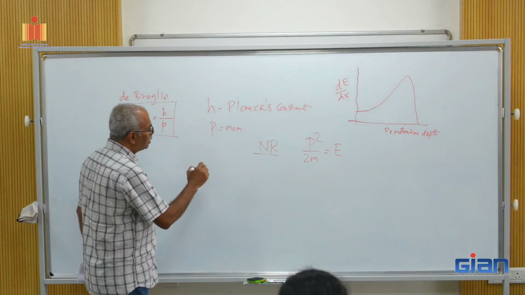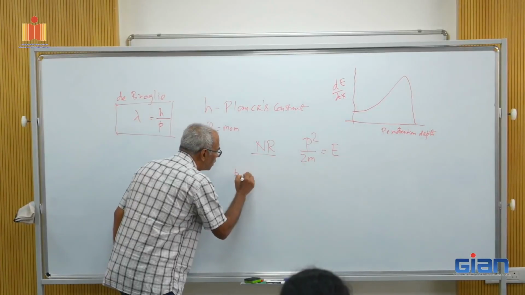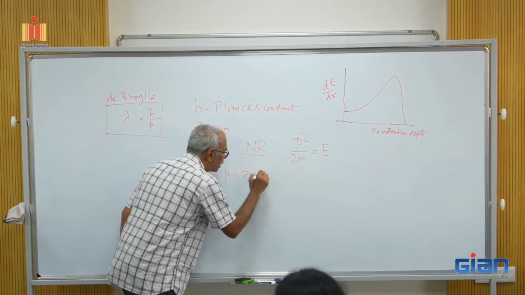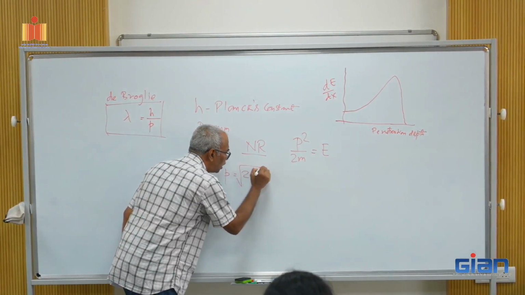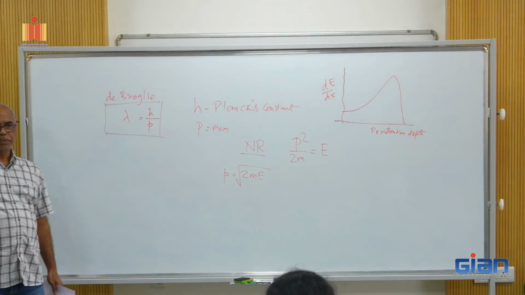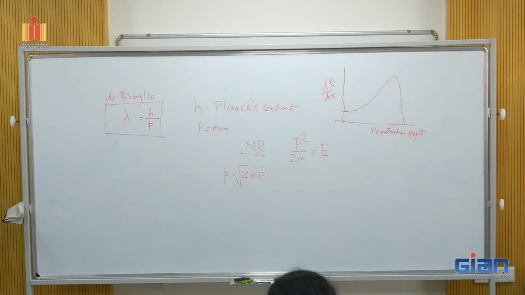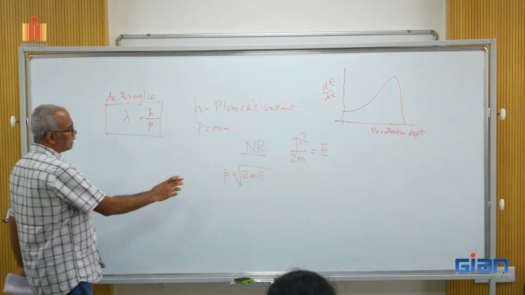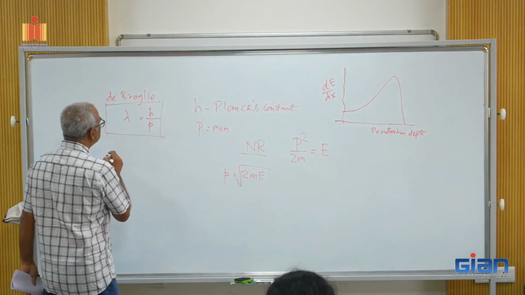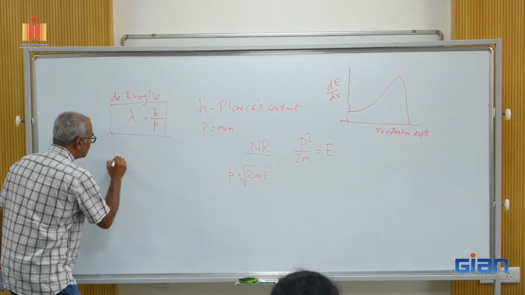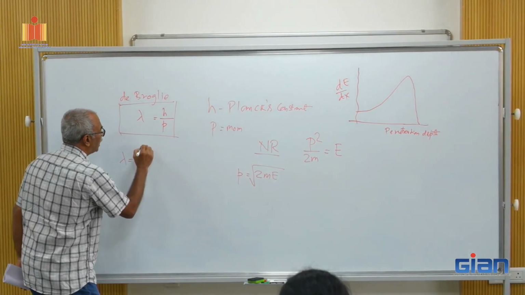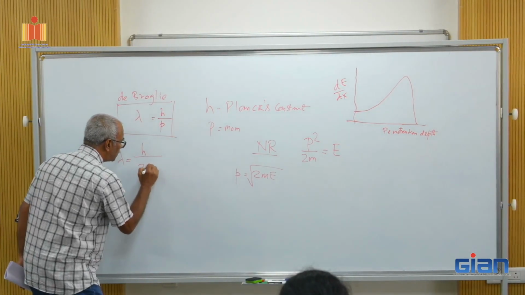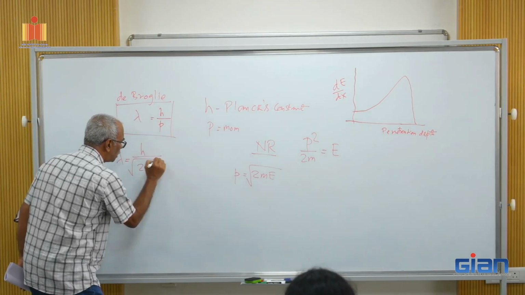So we can convert and write p equal to square root of twice m E. Once we get this, I rewrite the de Broglie relation: lambda equal to h over square root of twice m E.